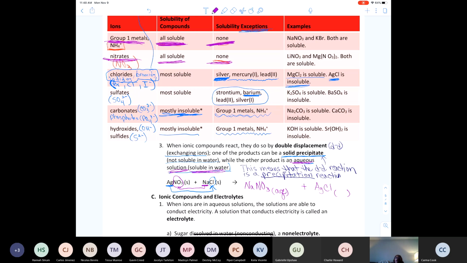What about silver chloride? Is it soluble in water? We need to look at this rule for chloride. Most of them are. Are there any exceptions? Yes, if it's paired with silver, mercury, or lead. There's silver paired with the chloride. So is silver chloride soluble, or is it a solid precipitate?